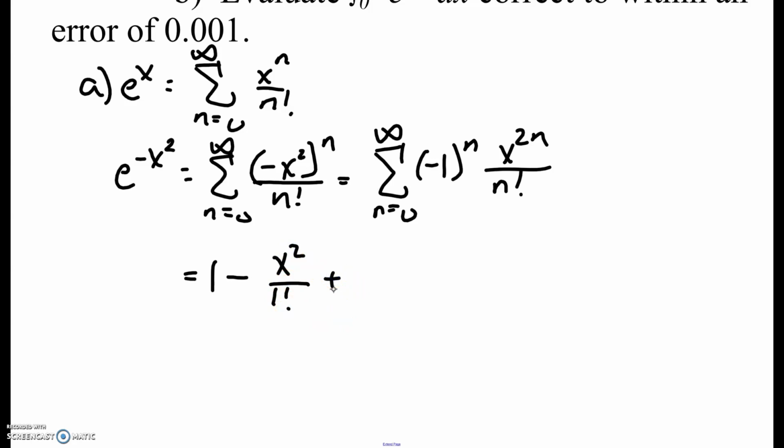Plugging in 2, again, negative 1 squared is positive 1, x to the 4th over 2 factorial. Plugging in 3, we get negative x to the 6th over 3 factorial, and that pattern continues.